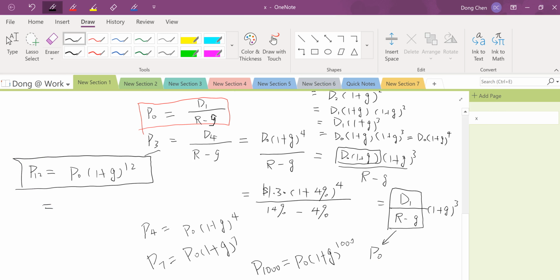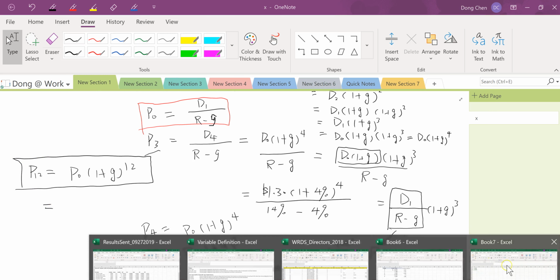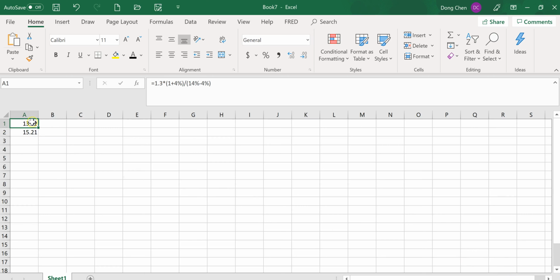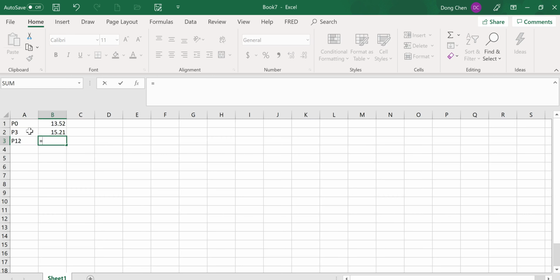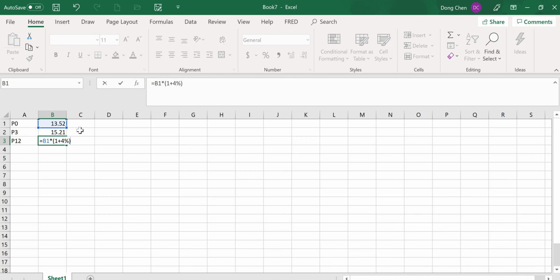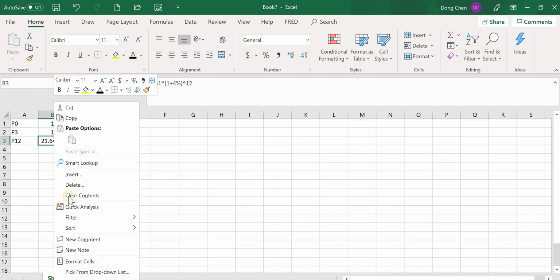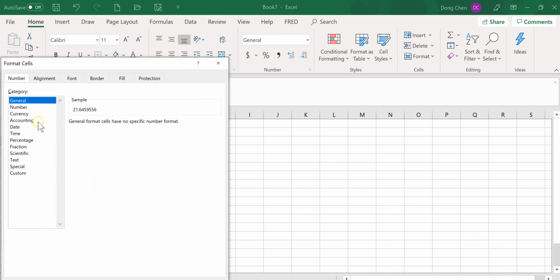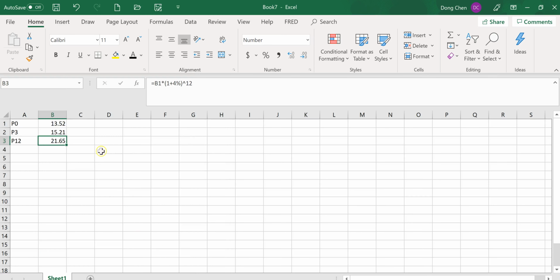P0, we know that, going back to Excel. This is P0, and this is P3, and now we need to figure out P12. So we know that P12 is P0 times (1 plus g) to the 12th power. So that gives us this new number. We need to format it to keep 2 decimal places.